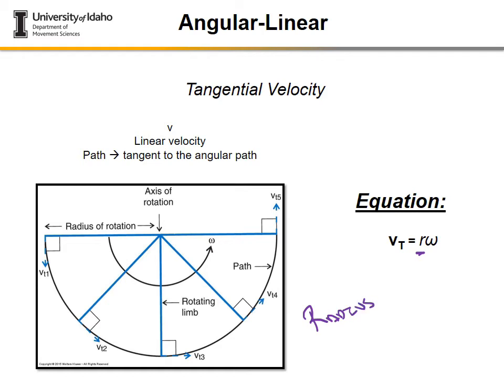This is why, if you want to increase the linear velocity of the golf ball, or the club head speed at impact, you can increase the club length or the shaft, or increase the length of your baseball bat, and then you have a better chance of increasing speed.